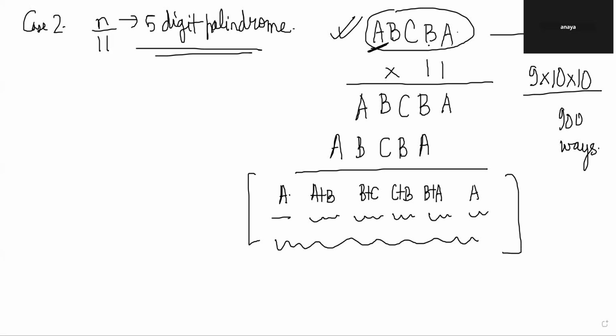Wouldn't you just say A plus B and B plus C can't be greater than 9? Yes, so that is what you have to count now: how many of these 900 are such that it can't be greater than 9.